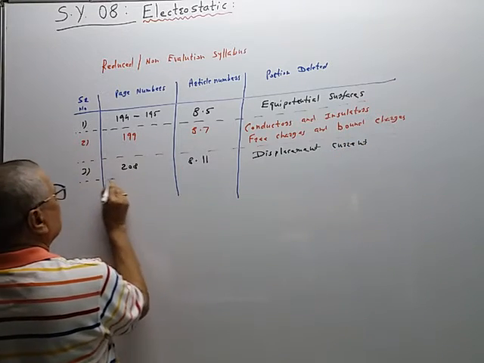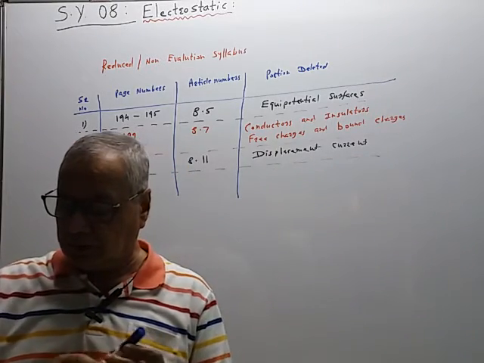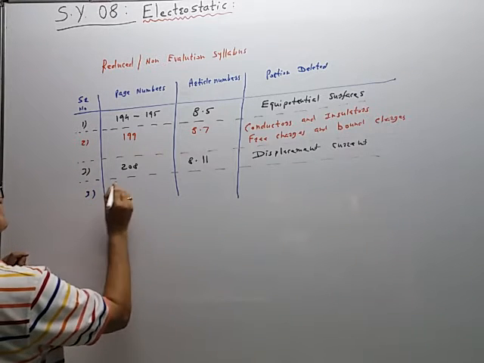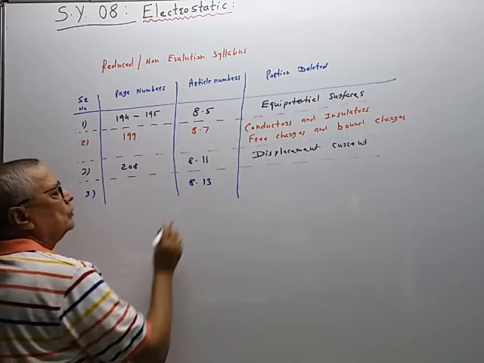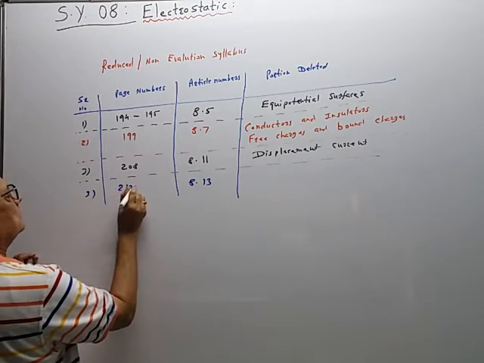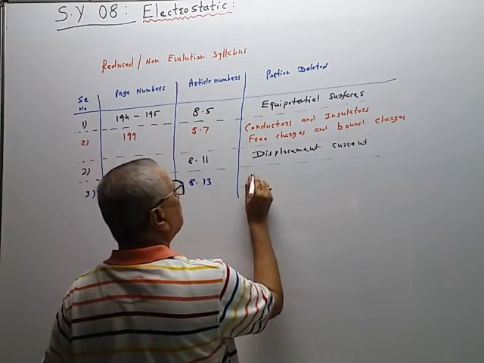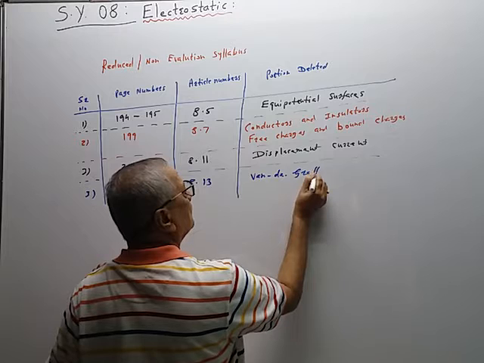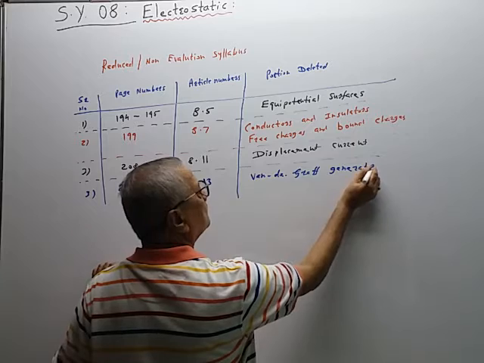And the last article is 8.13, pages 210 and 211: Van de Graaff generator.